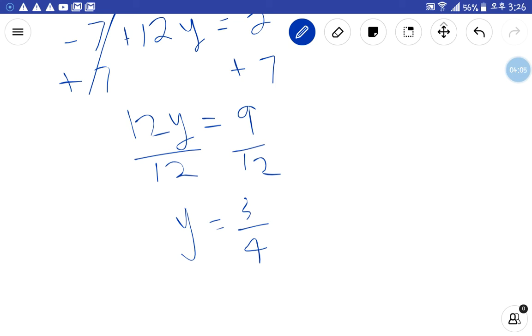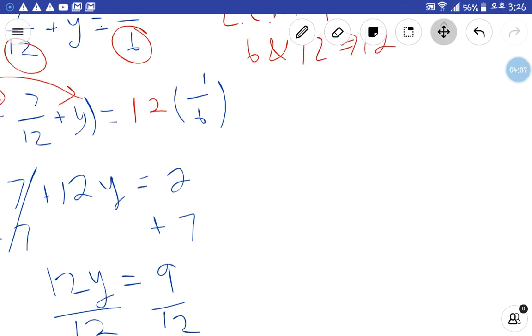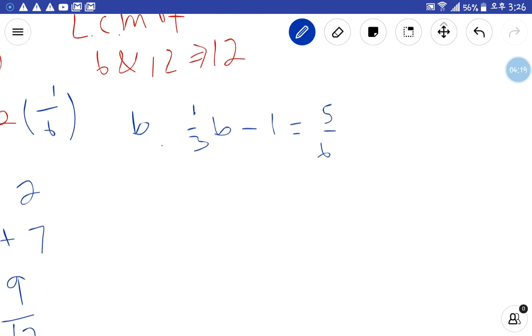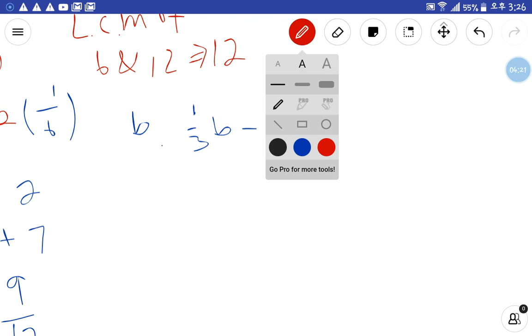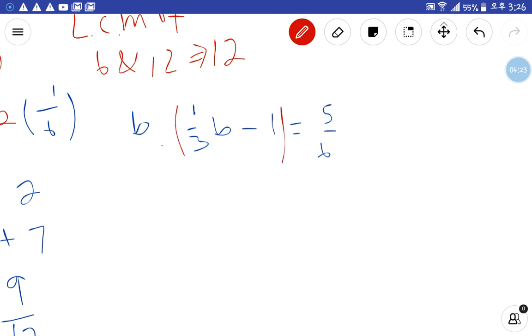Alright, and then keep going. B. So my question B here, 1/3 b minus 1 equals 5 over 6. Think about it. What is the LCM of 3 and 6? Which is 6. So you multiply 6 here and here, multiply 6 and multiply 6.